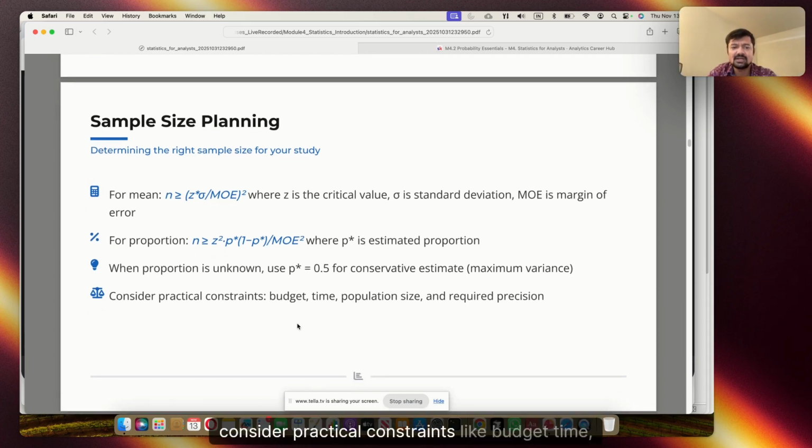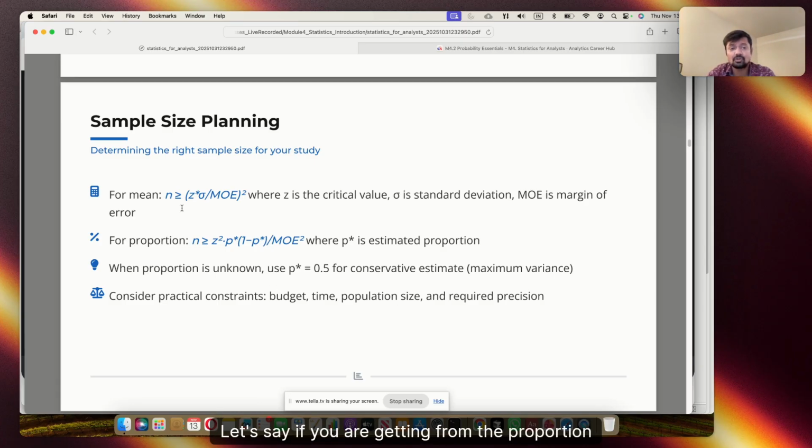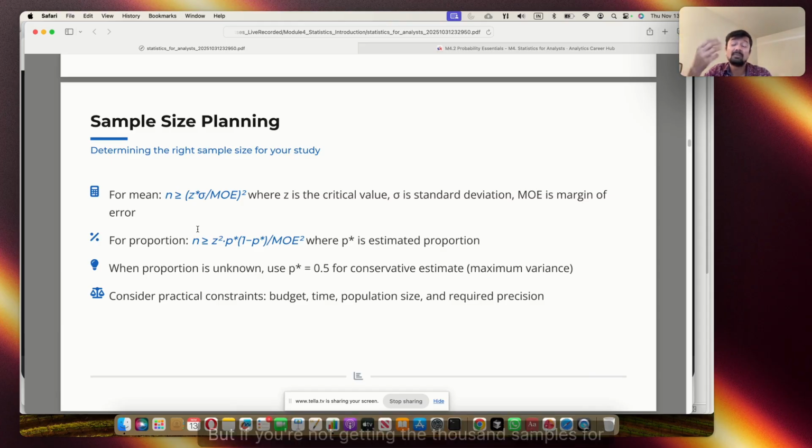Consider practical constraints like budget, time, population size, and required precision. A lot of things are there. Let's say from the proportion or from the mean, you find that 1,000 samples are required to make reliable predictions on a certain population, but you're not getting 1,000 samples for that particular study.